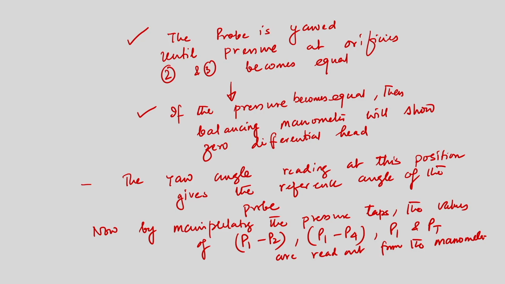At that position, by manipulating the pressure taps, we calculate P1 minus P2, P1 minus P4. Since P2 and P3 are equal, P1 minus P2 is as good as P1 minus P3. We will read these from the manometer.